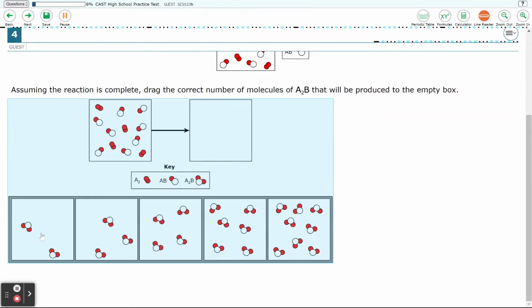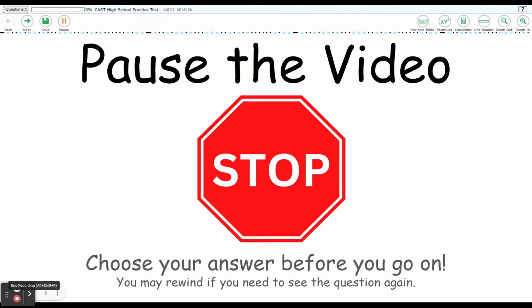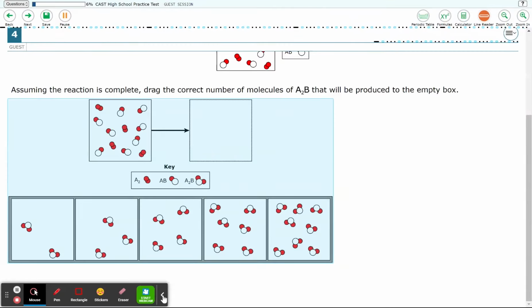We'll call these 1, 2, 3, 4, 5, or A, B, C, D, E, depending on what multiple choice you've been given. Make your choice now. So the key thing here is conservation of matter.